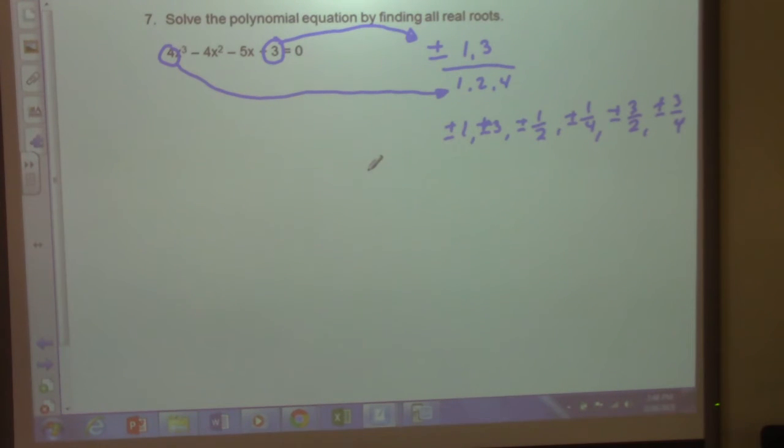I'm praying that the easy one works, because if I have an easy one that works, I probably can factor the rest of it out. I don't know what looks like an easy one to you. Negative 1 looks like an easy one to me. Actually, I would try negative 1, positive 1, and negative 3, positive 3 before I dealt with those others.